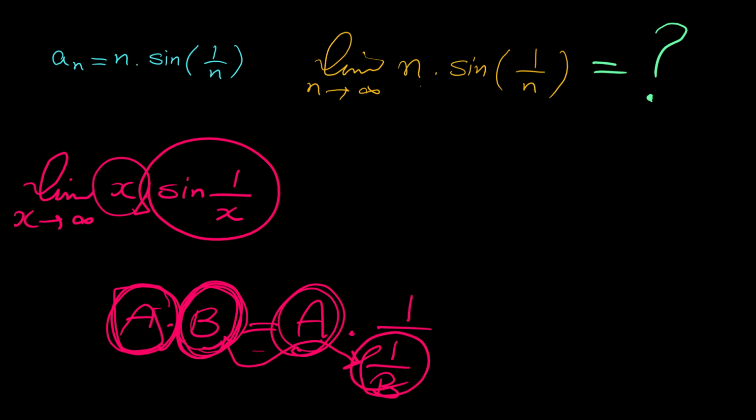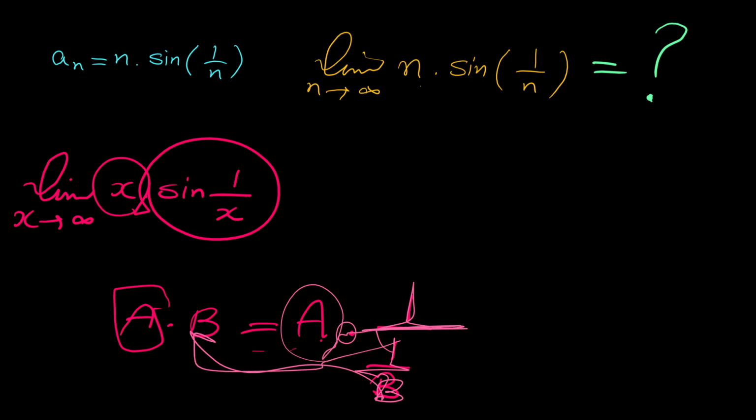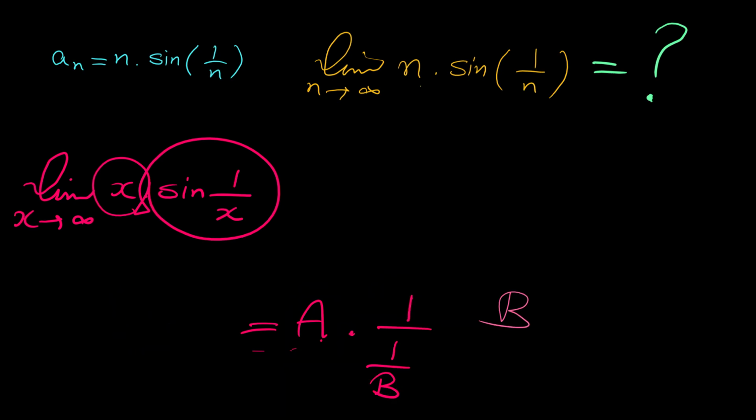If you pay attention, these two are equal. A times 1 over b is ab, because 1 over b is again b. So this is right.